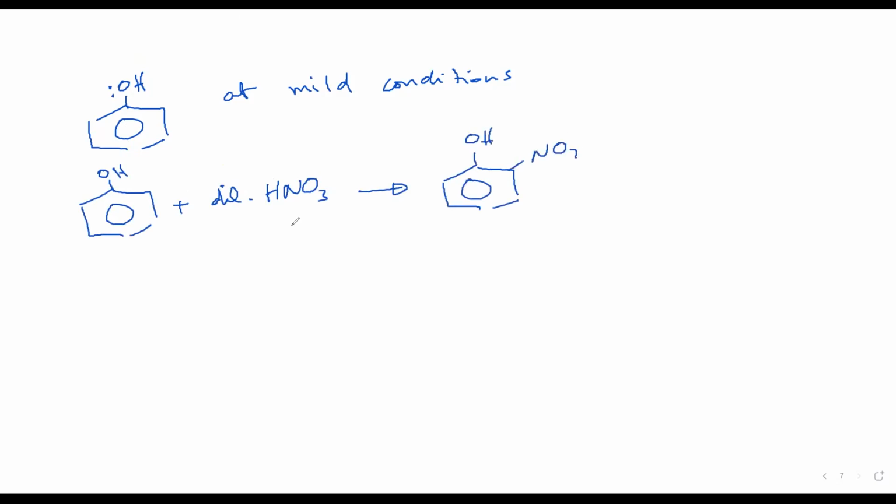If they say excess nitric acid, as you see, there is no sulfuric acid, there is no temperature. This is room temperature, very mild conditions. That's because there is a higher electron density on the benzene ring due to the lone pair of electrons on the oxygen.